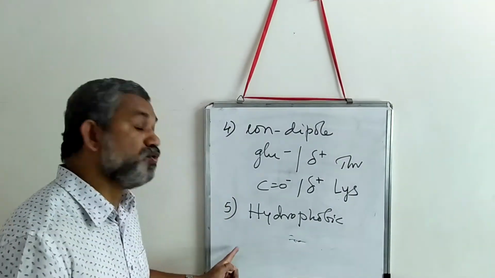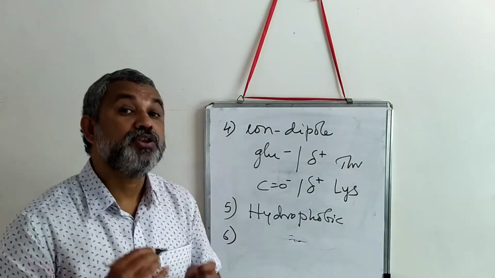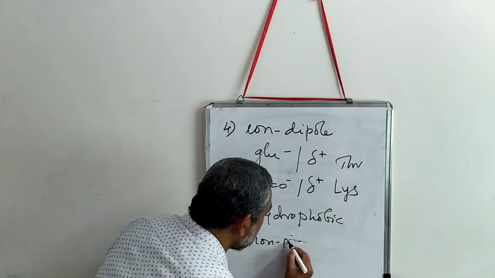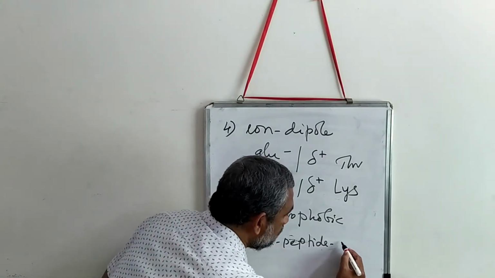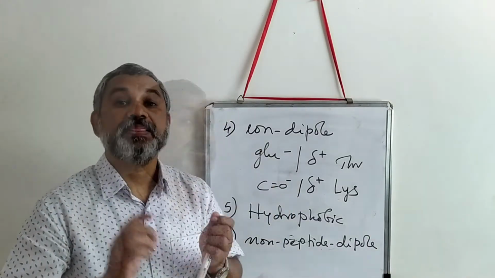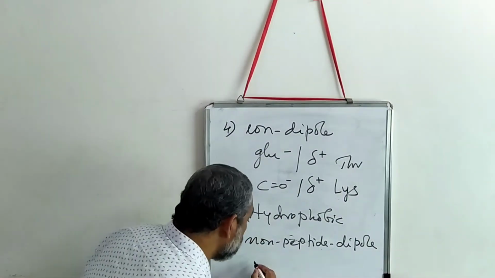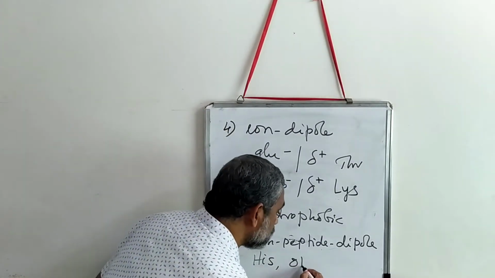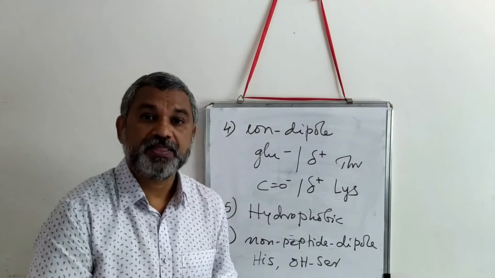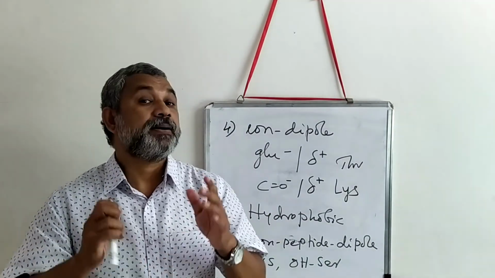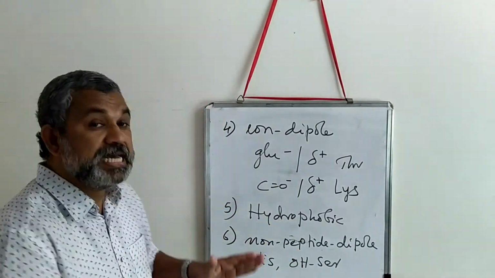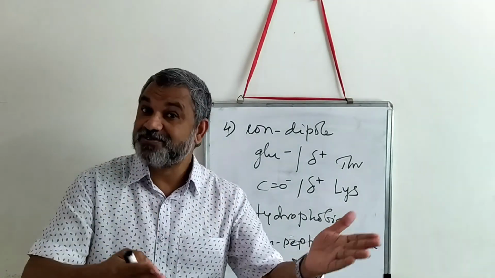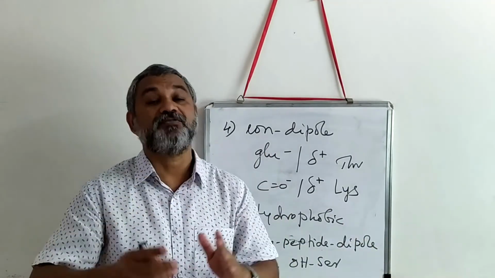The last kind of non-covalent interaction is the non-peptide dipole interactions, which you will see in the imidazole group of histidine and in the hydroxyl group of serine. This is another type of interaction. So these are the 6 different types of non-covalent bonds, and we have seen one covalent bond, that is the disulfide linkage.